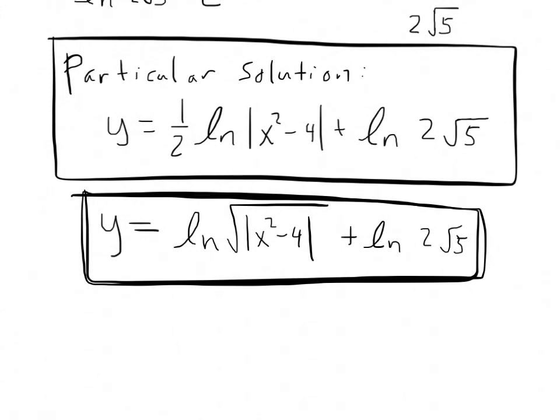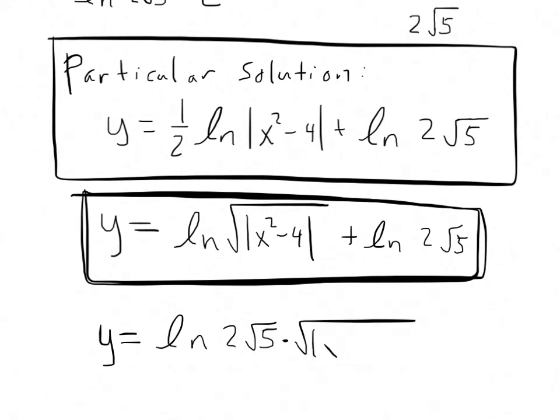The other thing I was going to say, and this one is really pushing it, is that I've got a natural log plus another natural log. There's really no reason that I can't smash those things together. That I can't call this the natural log of 2 root 5 times the square root of x squared minus 4.